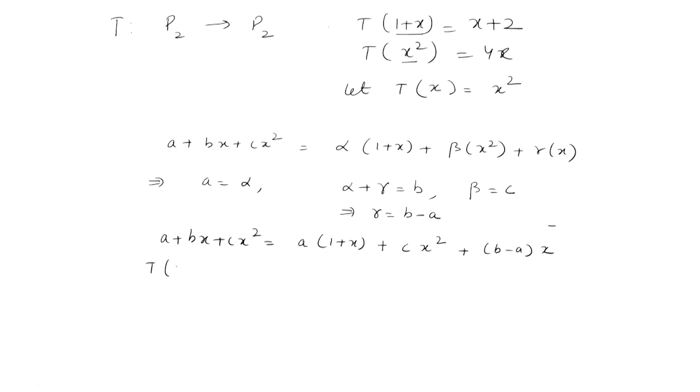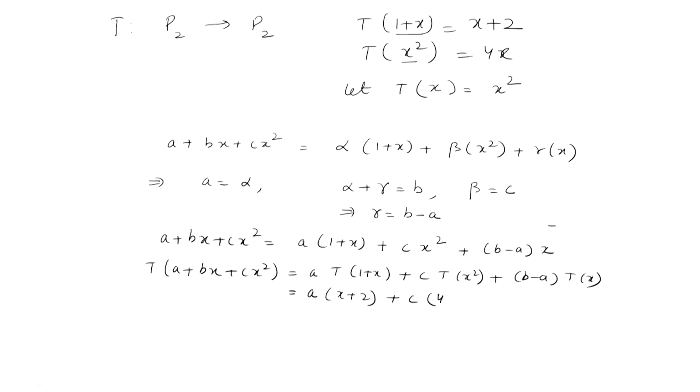Now, you take T of a plus bx plus cx square, that will be equal to a times T of 1 plus x, plus c times T of x square, plus b minus a times T of x. That will be equal to a times x plus 2, plus c times 4x, plus b minus a times x square.